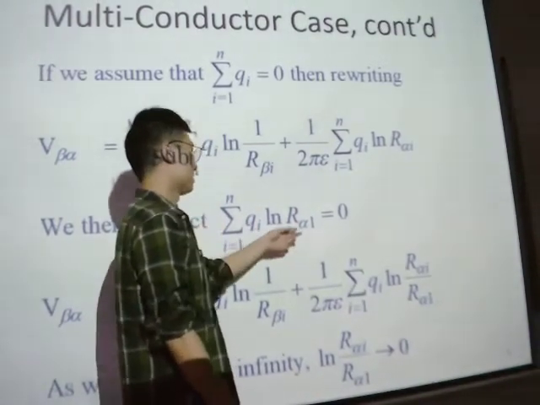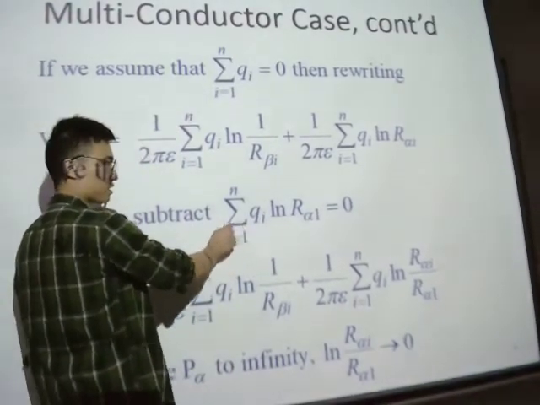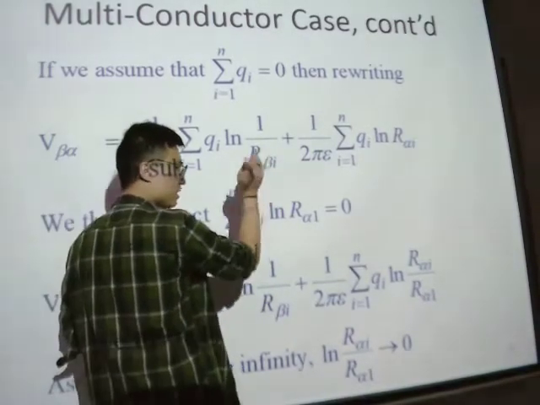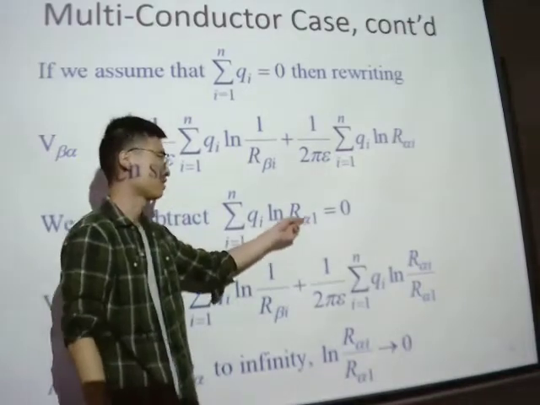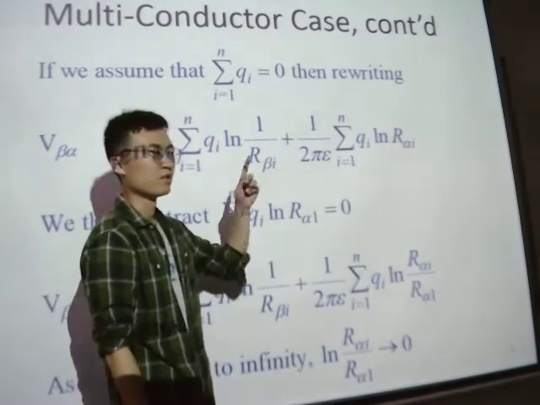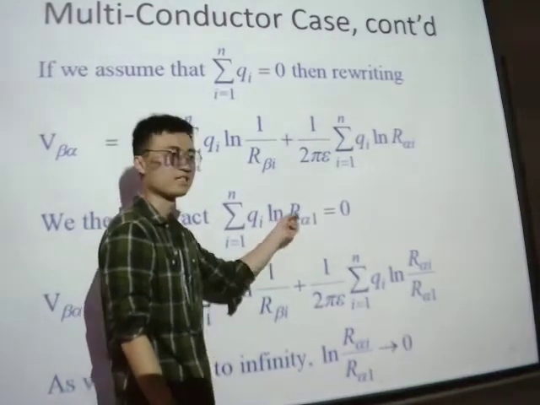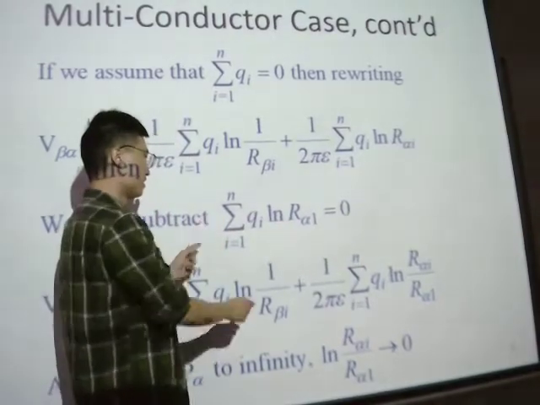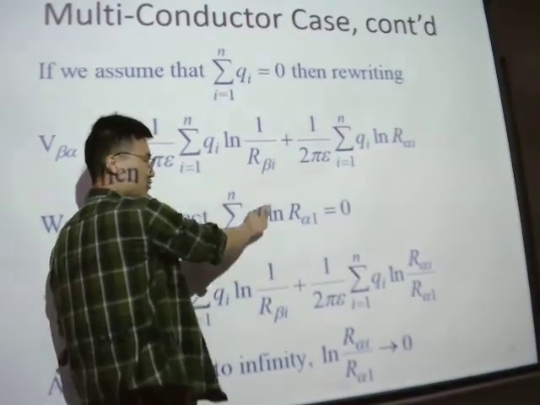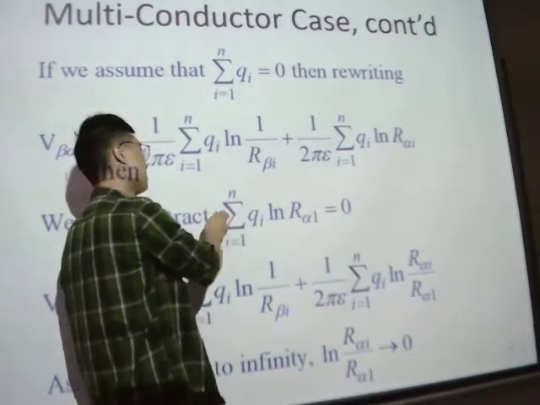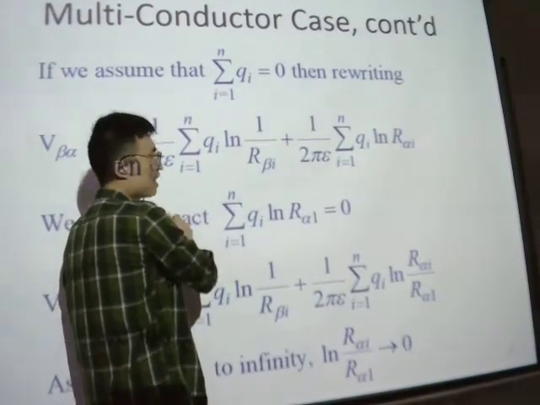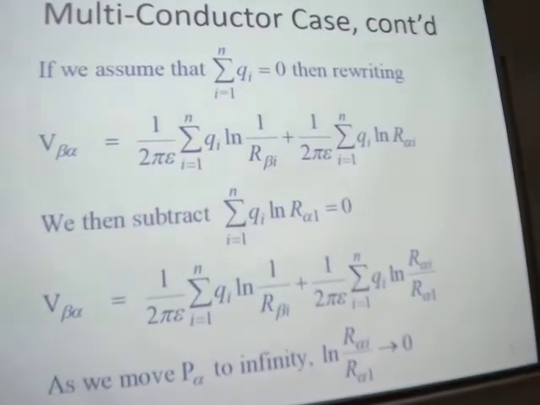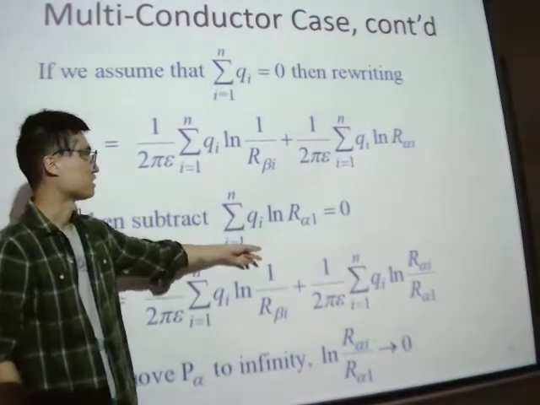Because this is the sum over i, from 1 to N, but it has nothing to do with this, since it is only the distance from R_β to the first conductor. So this is the constant value, and this one is equal to 0. A constant value multiplied by 0 is equal to 0.